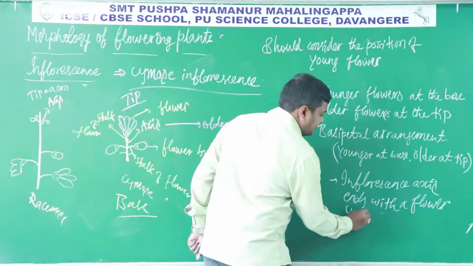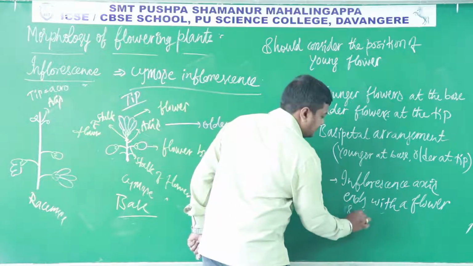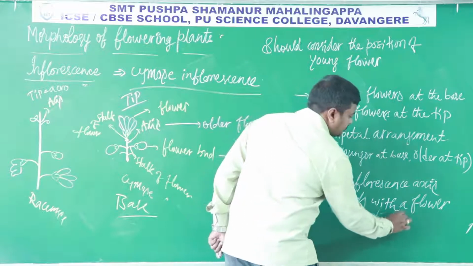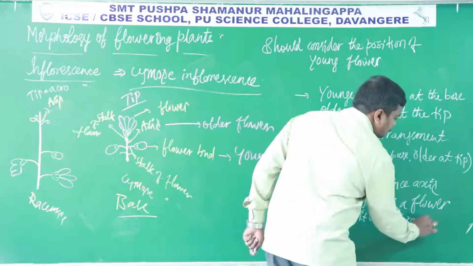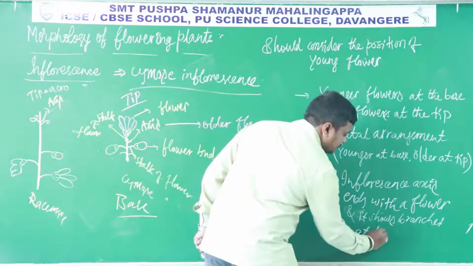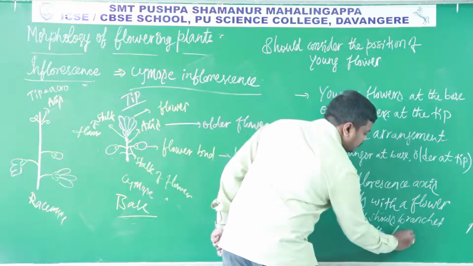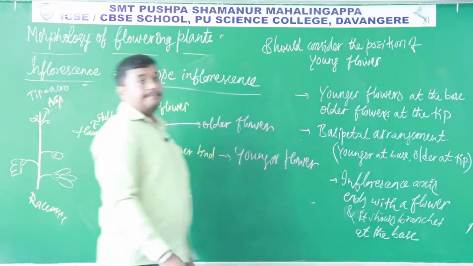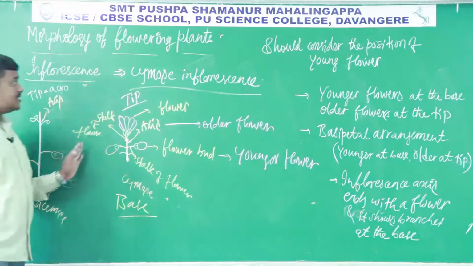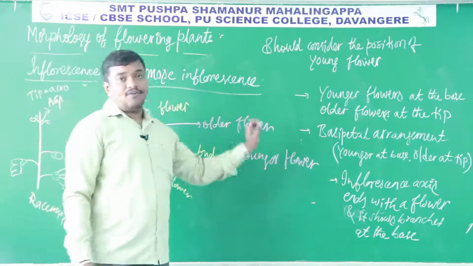Basally branches are produced. Okay, so this is about cymose inflorescence.